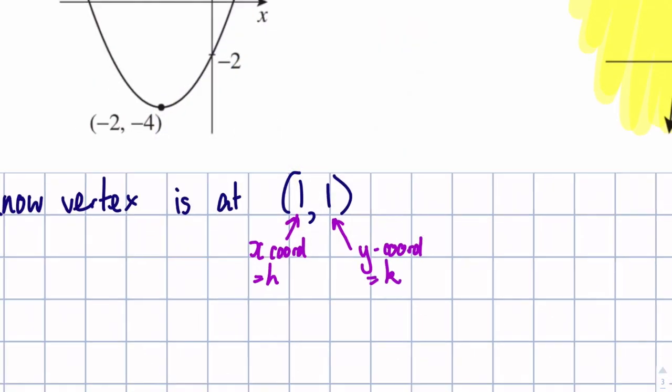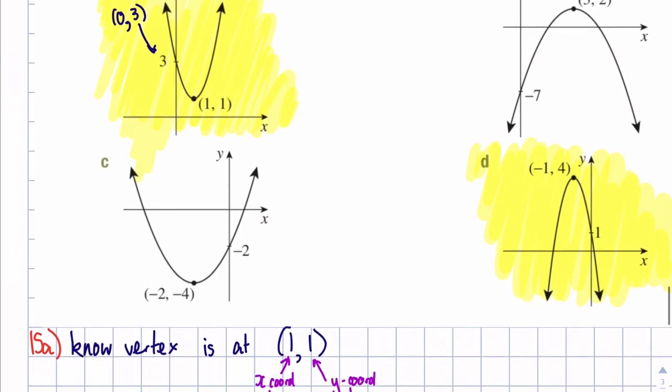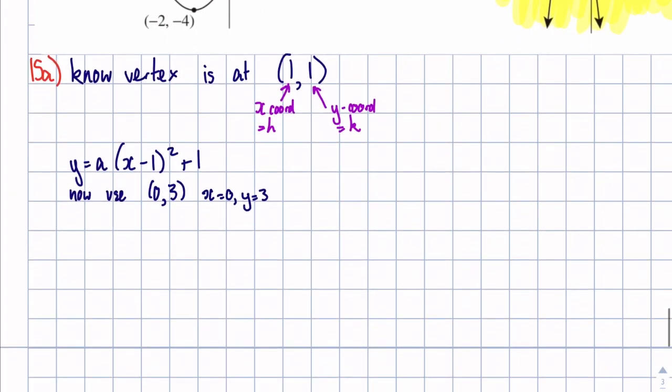So we know straight away we can say y equals a outside of x take 1 squared plus 1. But we don't know a, but we do know the point 0, 3. So x equals 0, y equals 3. We're going to sub that point in and help us find a.